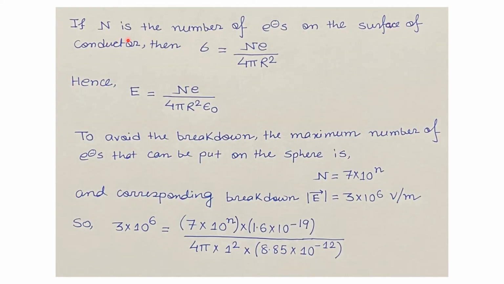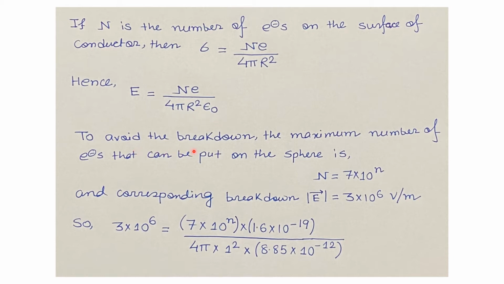Now if N is the number of electrons on the surface of conductor, then sigma is given by N times e divided by 4 pi r square. So this is the surface area of the conducting sphere. Hence, the electric field on the surface is N e divided by 4 pi r square times epsilon naught.